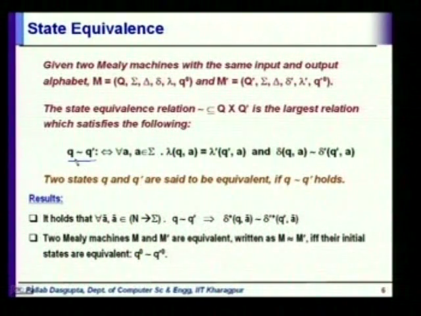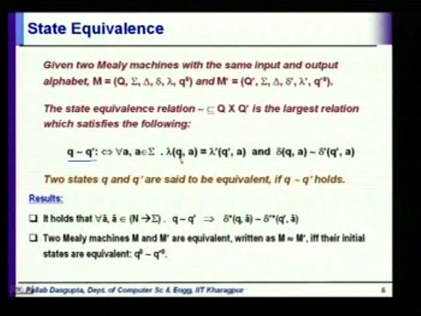So what it means is that for every input, the output produced by M in this state and the output produced by M dash in this state are the same, right.